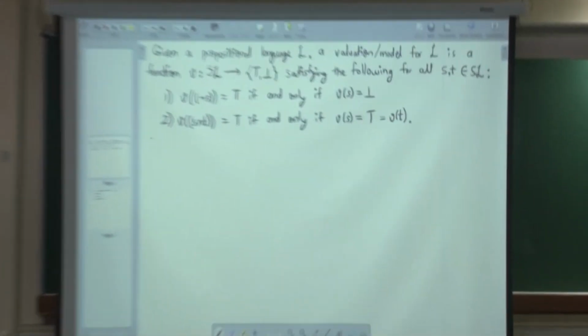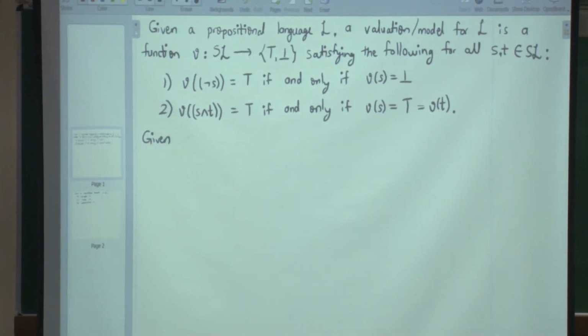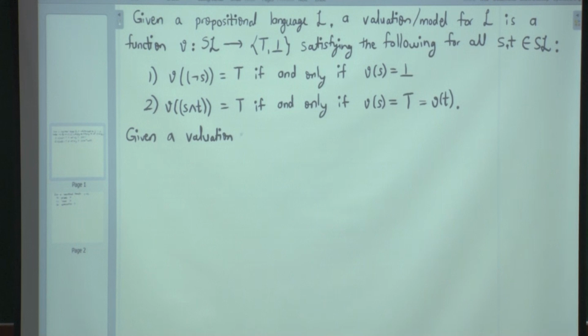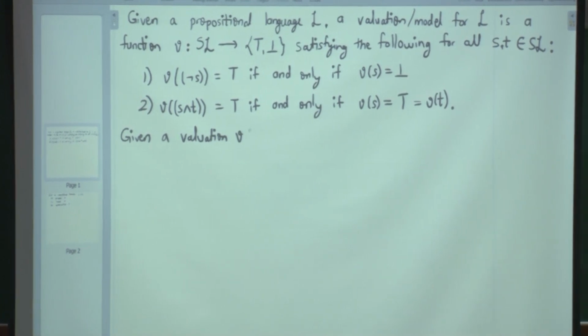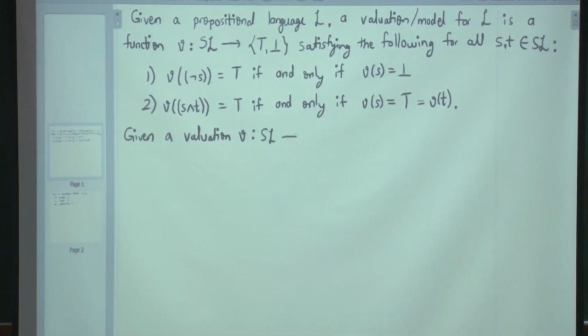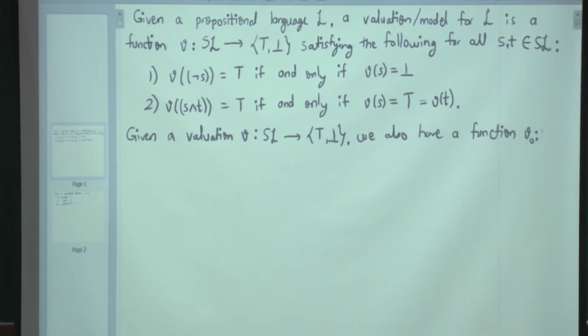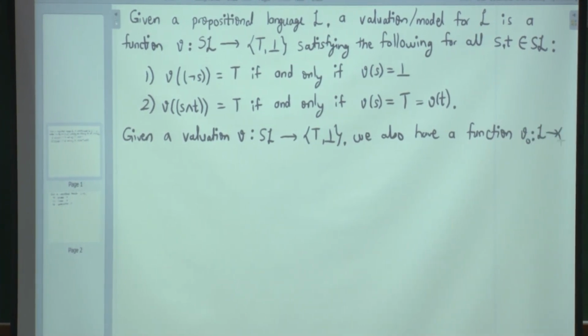So, given a valuation V from SL to true and false, we also have a function V0 from L to true and false.